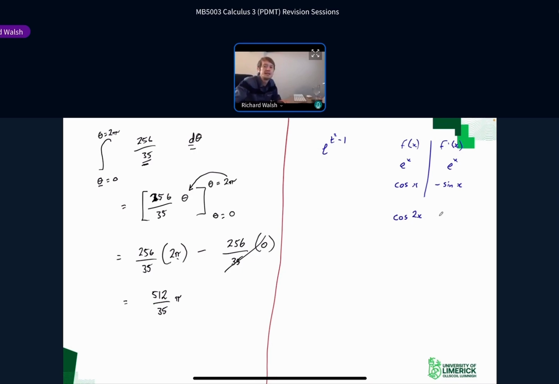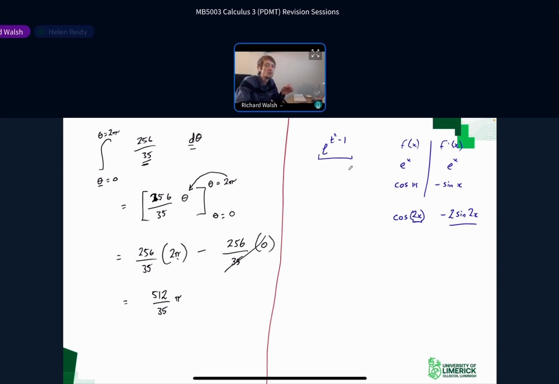The chain rule says, and this is not a very mathematical way to say it, you differentiate as you would expect from the tables, but we also need to multiply by the derivative of what's different to the tables. So if it's 1x in the tables and this is 2x, I need to multiply by the derivative of that 2x, which is 2. So that will be the derivative of cos of 2x.